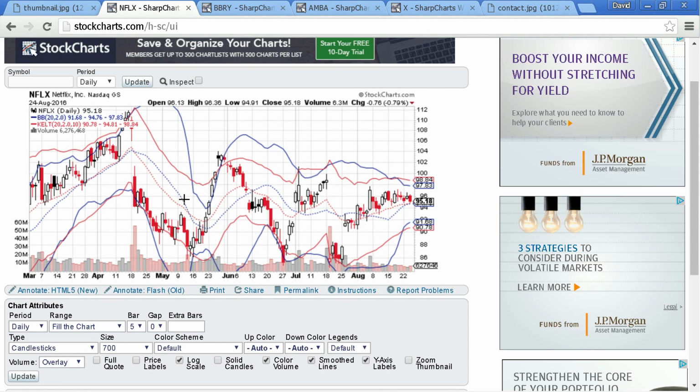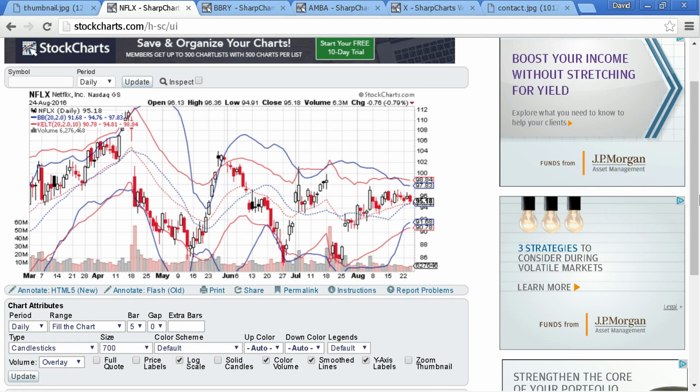All right, the Bollinger Bands and the Keltner channels can both serve as indicators of overbought and oversold levels. But what's great about the Bollinger Bands is that they can also be used as volatility indicators, or you can measure volatility with them.